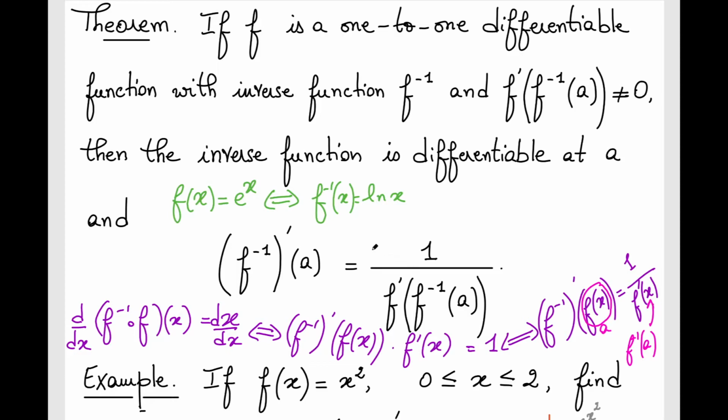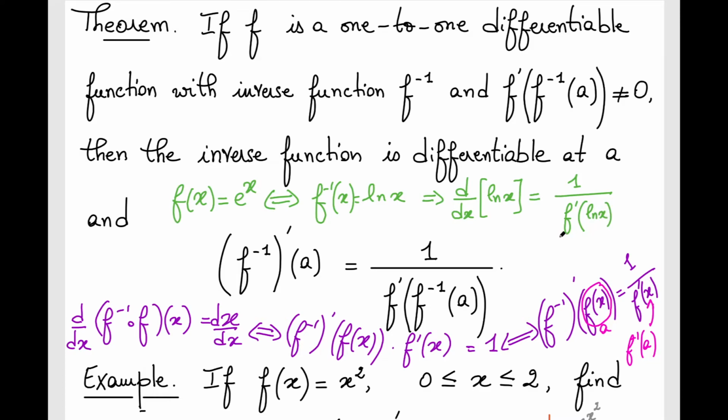And based on this property, the derivative with respect to x of the function ln of x, letting x be a generic point, is equal to 1 over the derivative of f at the point f inverse of x, right? And what's f inverse of x? ln of x.